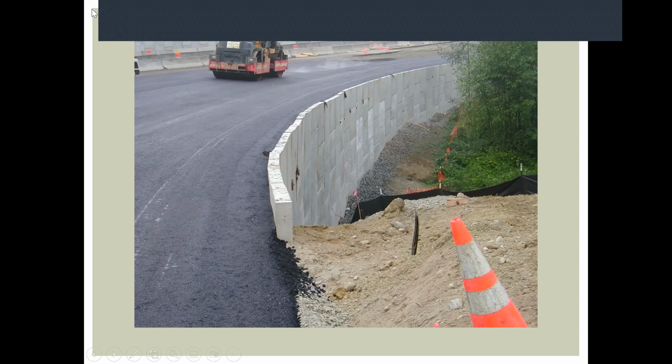I keep beating this to death, but always think about the rain when you're going out onto a site. When it rains, what's going to happen? As soon as asphalt goes down, you've got massive amounts of clean water that are going to drain somewhere. So you want it to go where you want it to go. You don't want it to go in places that are going to cause problems.